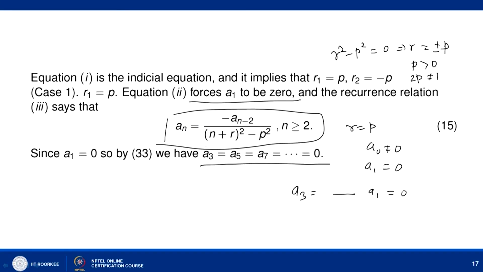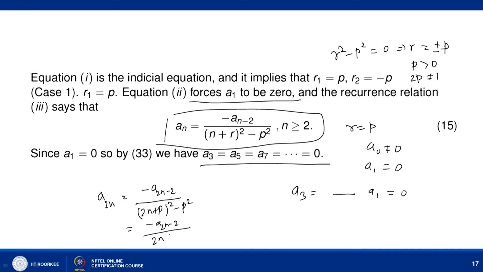Let me write it here: a(2n) is minus a(2n−2) divided by (2n + p)² − p².